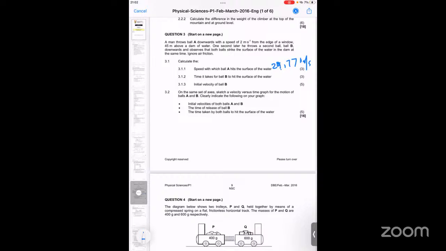So if ball A took 3 seconds to reach the water level, and object B was delayed by 1 second, but they hit at the same time, that means it's going to be 3 minus 1, which is 2 seconds. So object A took 3 seconds, but object B took 2 seconds.